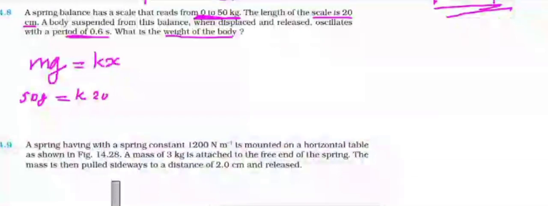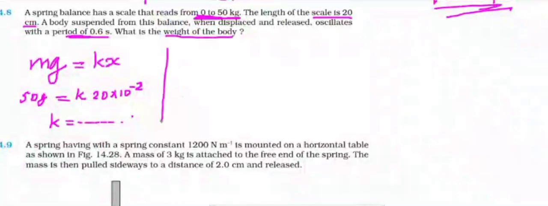So convert into meter, 20 into 10 power minus 2. You can substitute the value of g also there, and you can find the value of spring constant k. So you have to calculate the value of spring constant k first.